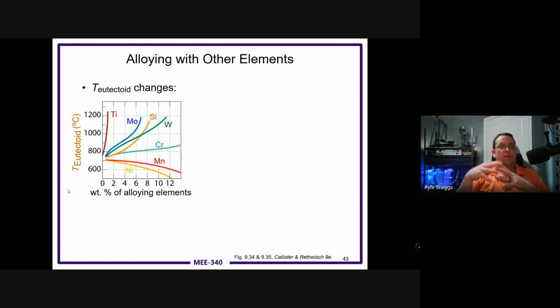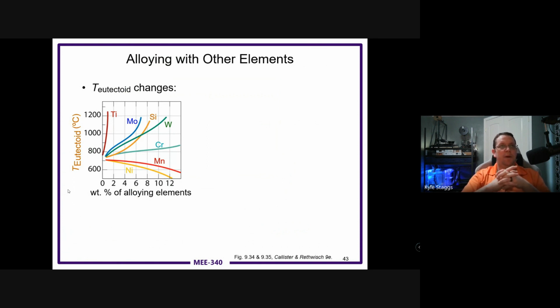Depending on what other things, you guys have probably heard of a chrome moly steel, right? So chrome and molybdenum are added in. Silicon or some other things can be added in as well. Tungsten, W, is a very common one. Manganese and nickel.